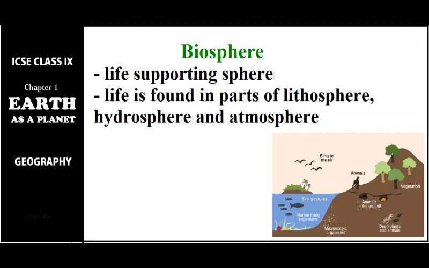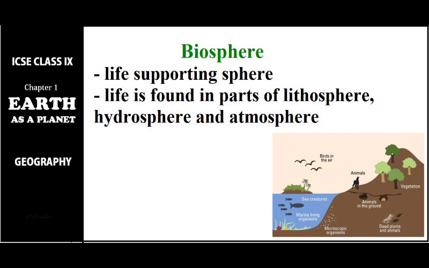In case of the ocean, till the bottom of the ocean we can see life, right? There are different types of fishes and other organisms which live even at the bottom of the ocean. And even if you go into the soil or the solid part under the sea, there also we can see certain types of life.